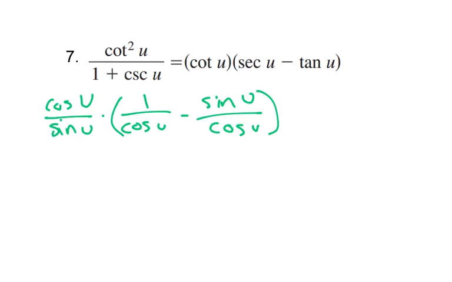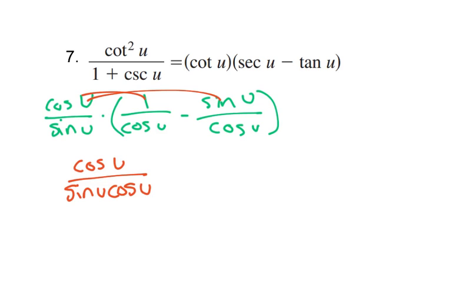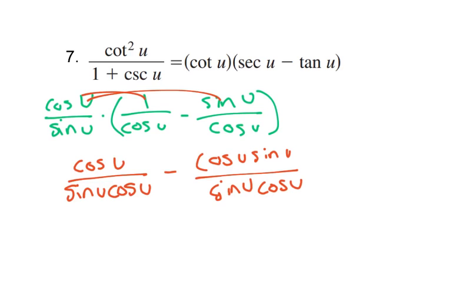Then we're going to distribute this here, and so we end up with cosine u sine u cosine u minus cosine u sine u cosine, oh, sine cosine. Hopefully you can see that that numerator and denominator are the same, so that's a 1. These cosines cancel, and so we end up with 1 over sine of u.